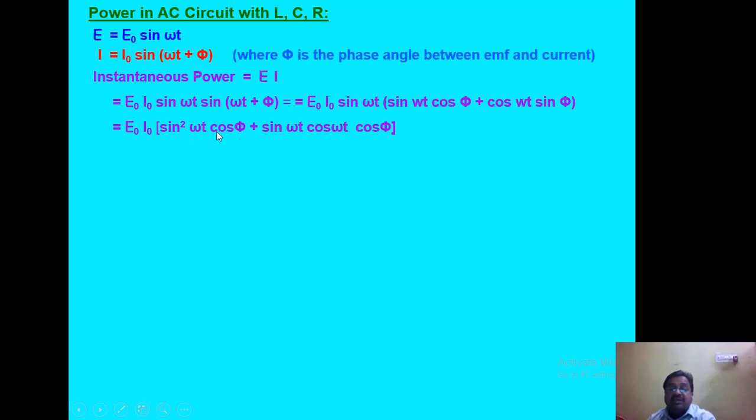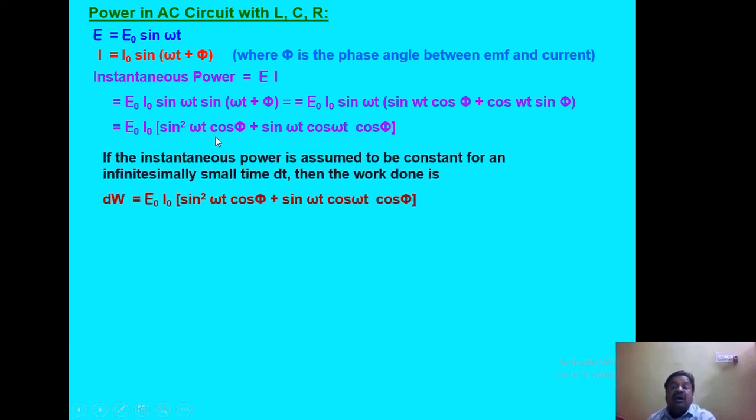Here you see this sin square omega t may be represented in terms of cos 2 omega t, and this sin omega t cos omega t may be represented in the form of sin 2 omega t. So these may be expressed in sin 2A or cos 2A form, and we may then simplify this expression.